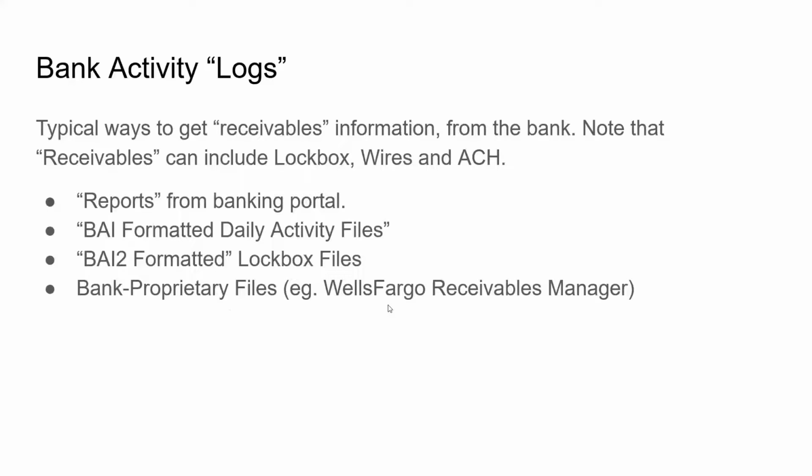Wells Fargo now has an XML-based file in a product or service called Receivables Manager, where we can receive Lockbox and wires and ACH all in a single file, which is really convenient because Lockbox is only checks. It doesn't tell you about inbound ACH or wires.